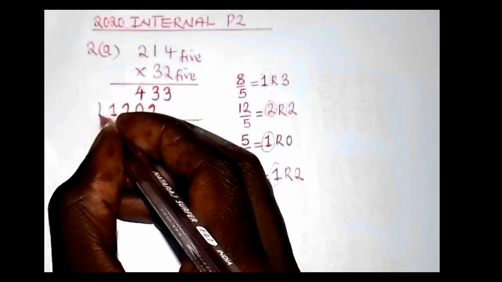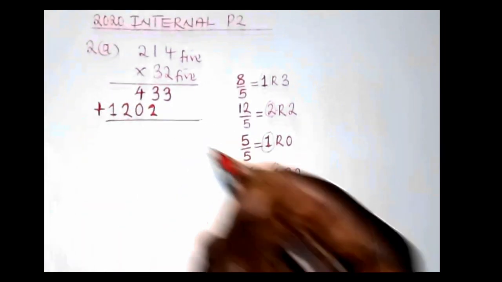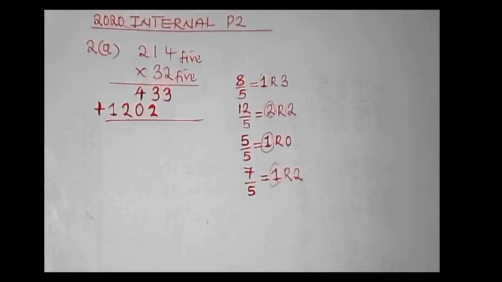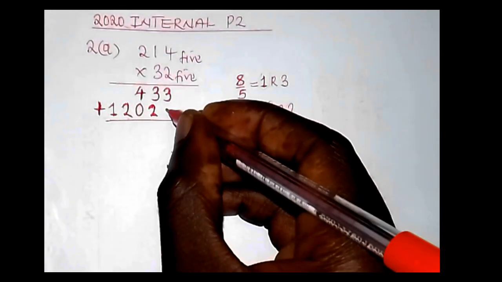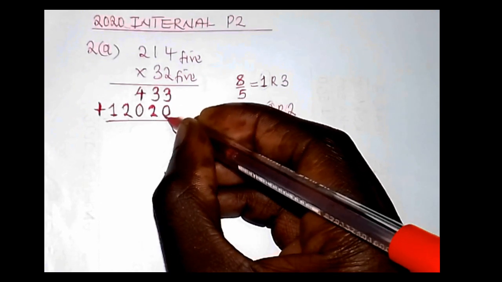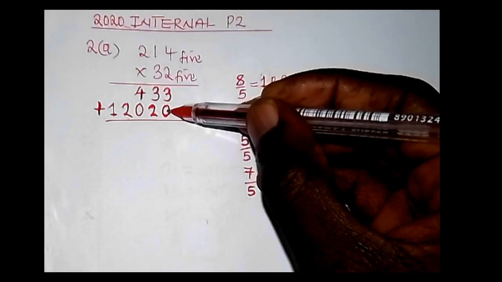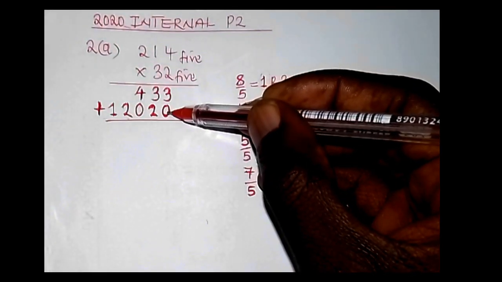So all we have to do now is add the two numbers we've gotten from the multiplication. We can say here there's a 0. Just for place value, we can put a 0 here, and then add. What is 3 plus 0?